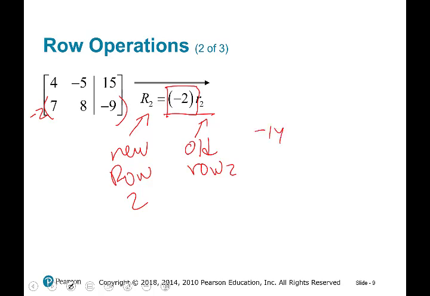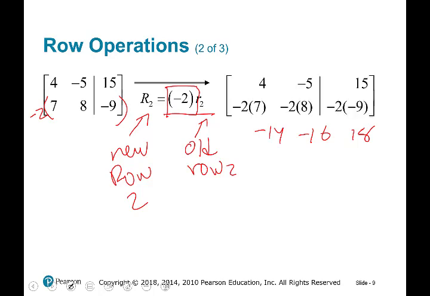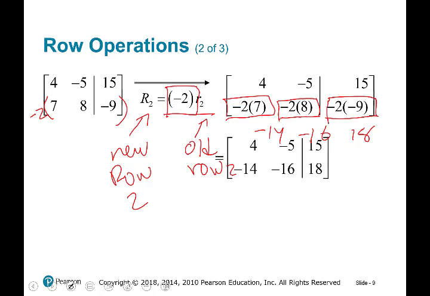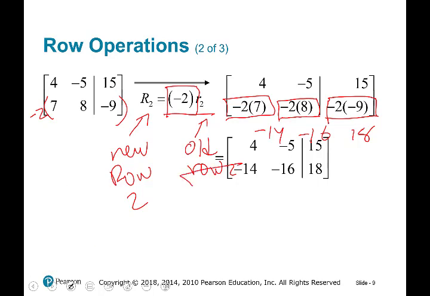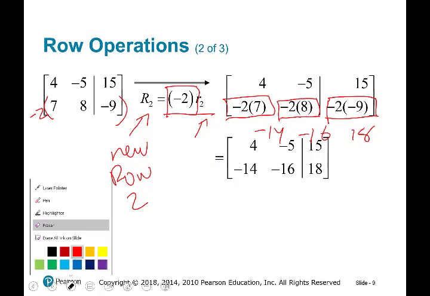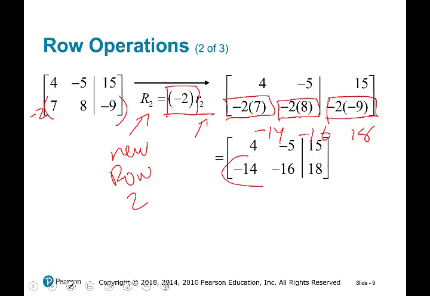Minus 14, minus 16, and 18. Okay, 2 times minus 7, minus 14, minus 2 times 8, minus 16, minus 2 times minus 9, 18. Okay, that's the row that we get down here, this one. Okay.